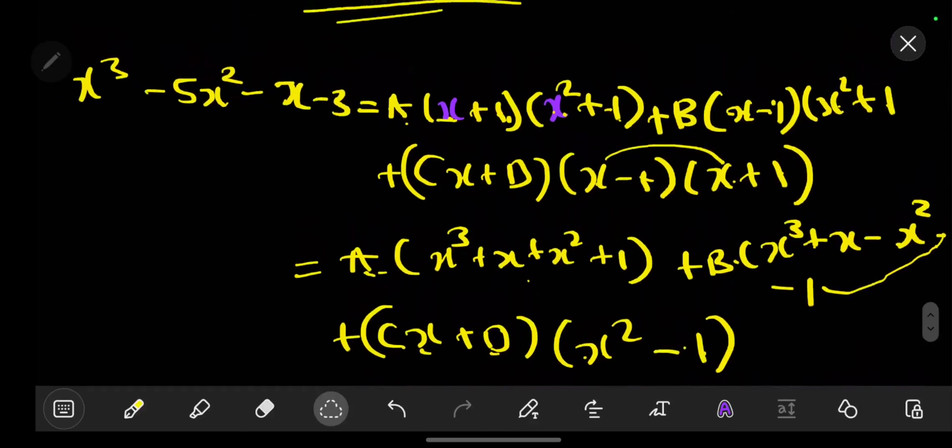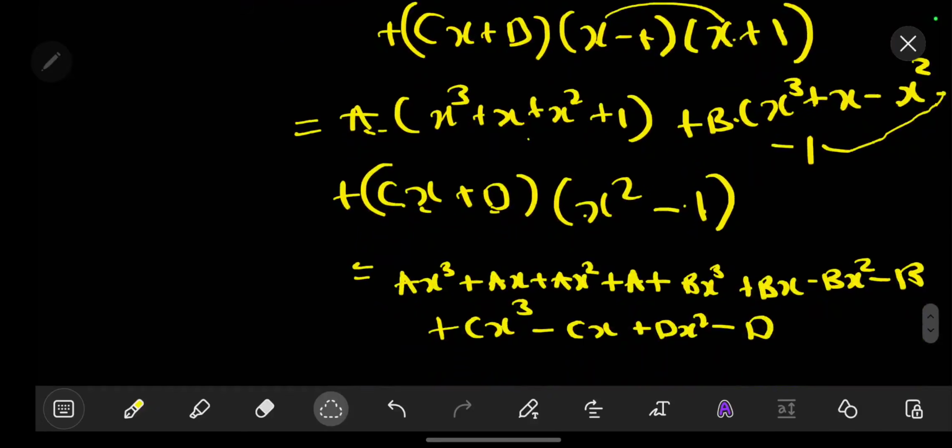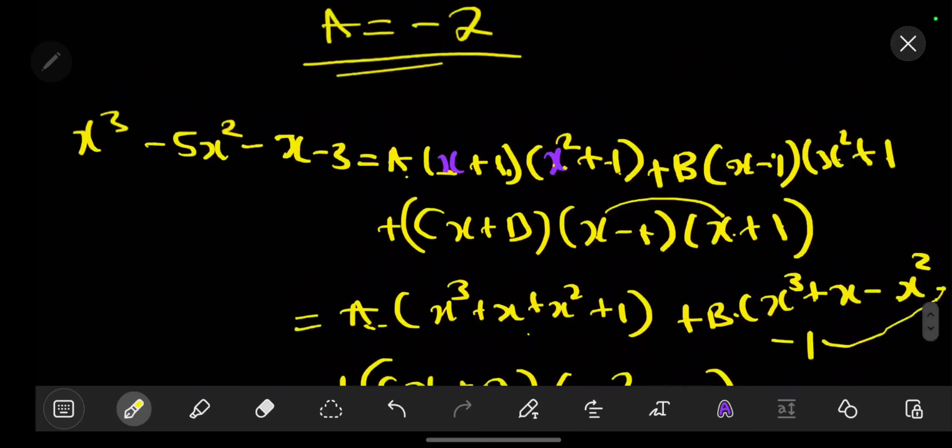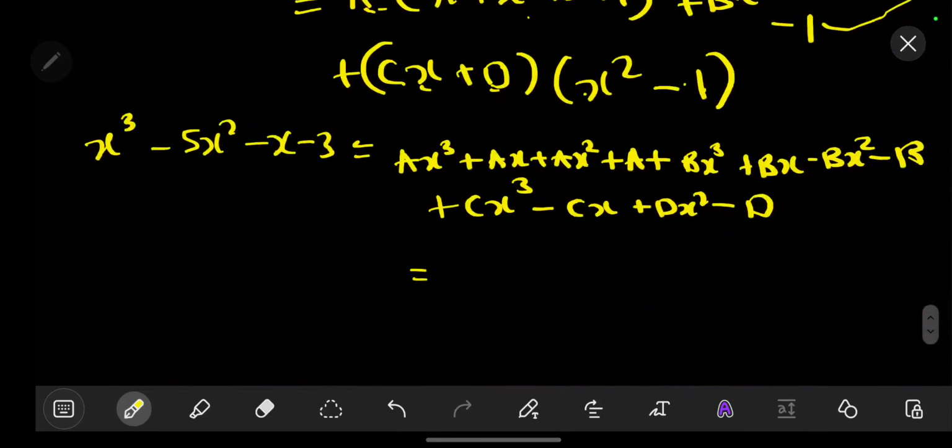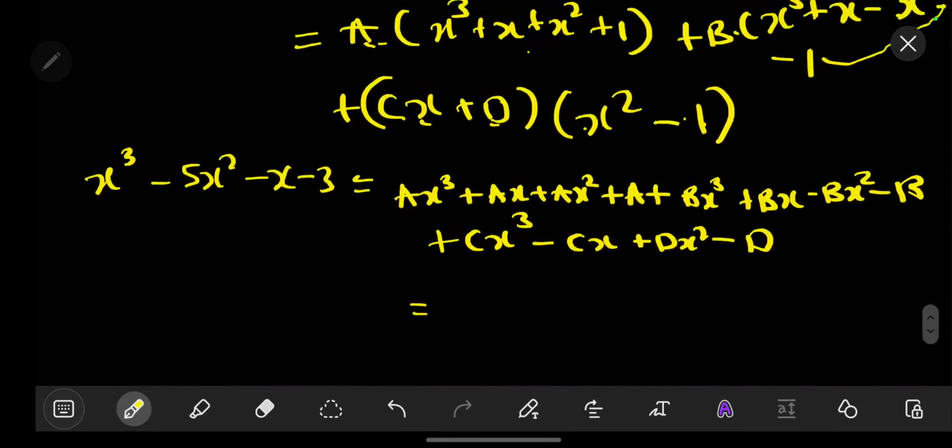So on this other side, we have our x to the power of 3. So we are going to write our x to the power of 3 minus our 5x to the power 2 minus our x minus our 3, like that. So from here, all you have to do is just compare the terms.